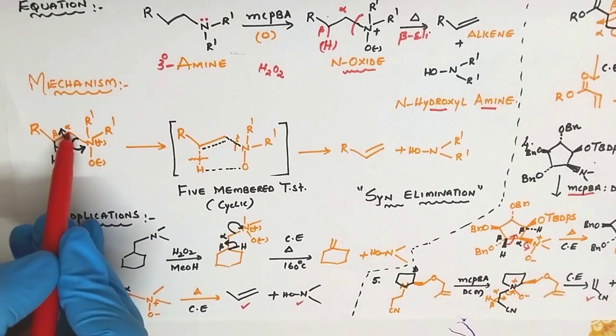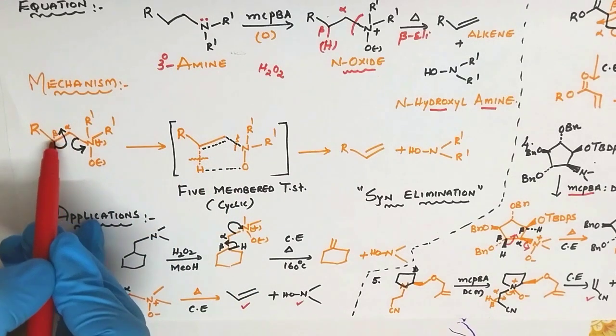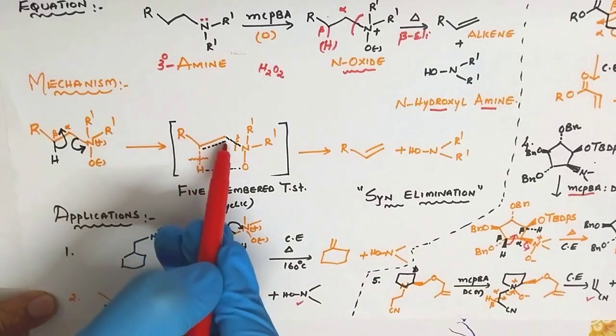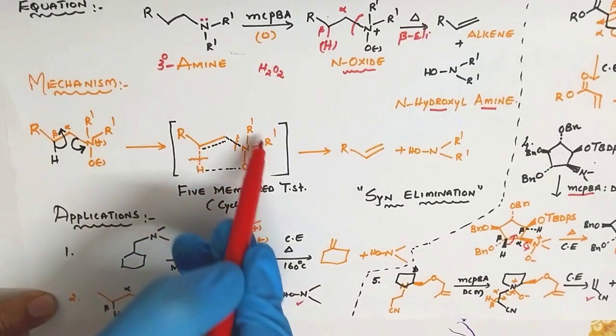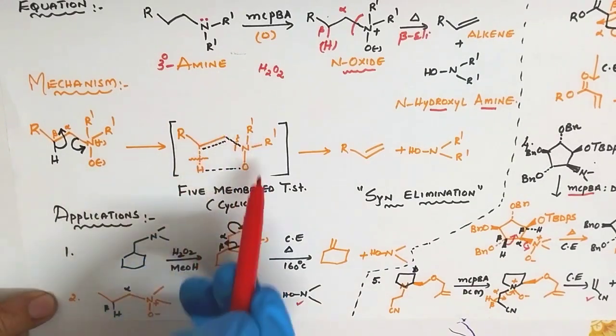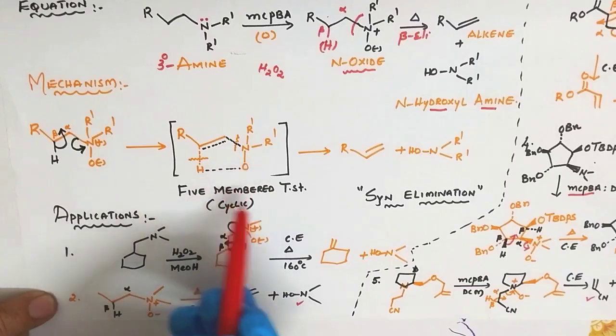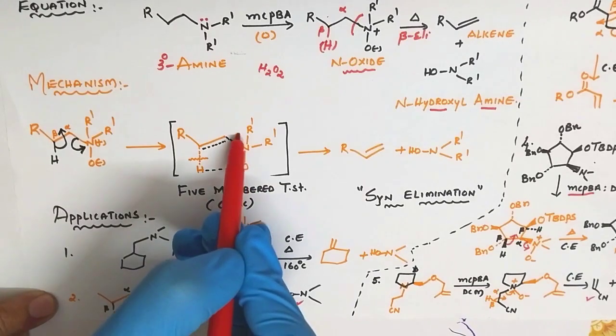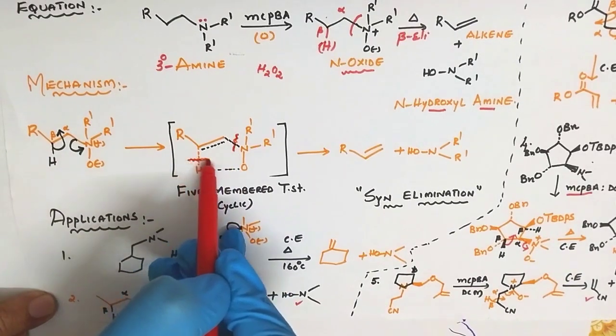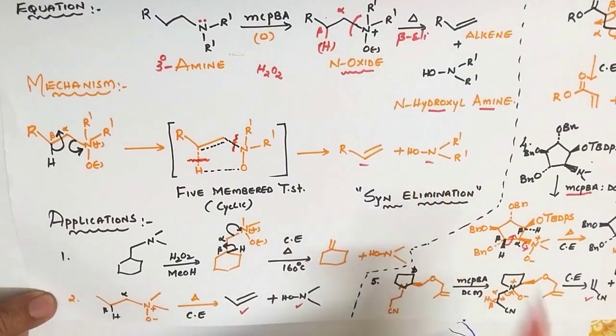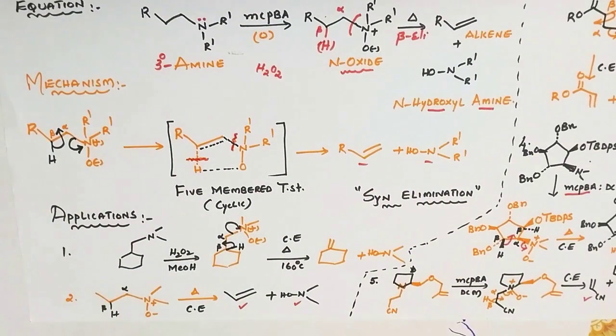In between the alpha and beta carbon there is a formation of a pi bond, that's why a dotted pi bond. So in this way we have created a 5-membered cyclic transition state that is subjected to decomposition like this. Thereby we will come up with the corresponding olefin and the N-hydroxylamine.